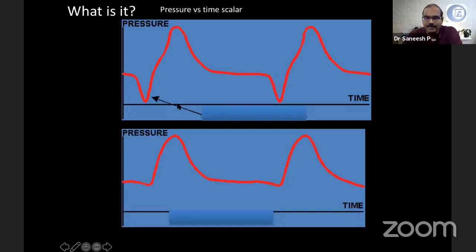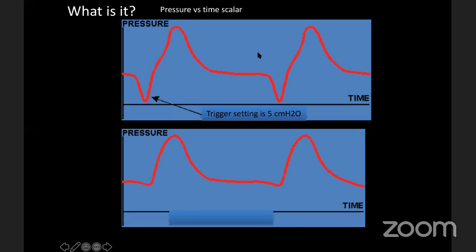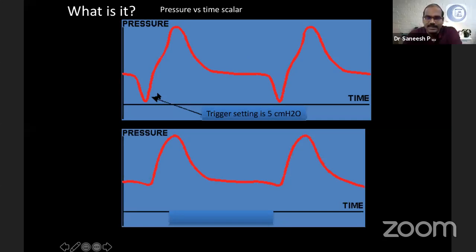So when the patient triggers, the patient pulls the pressure baseline down towards the negative side, and the ventilator will sense it as a trigger. What happens here is the trigger setting is too high. They have probably set 5 centimeters of water, so the patient is struggling to get a breath.